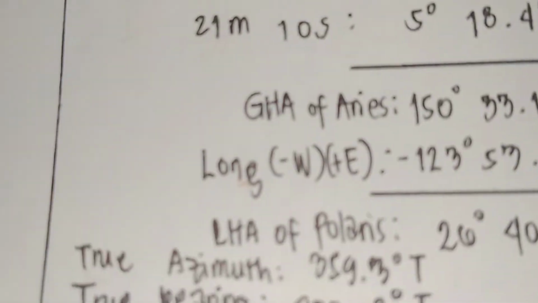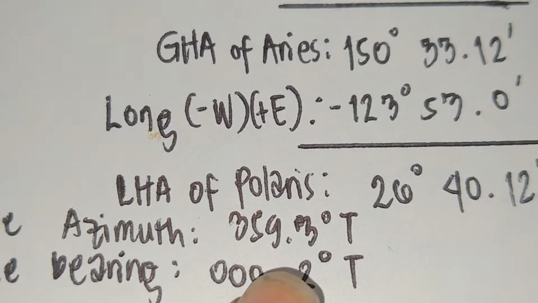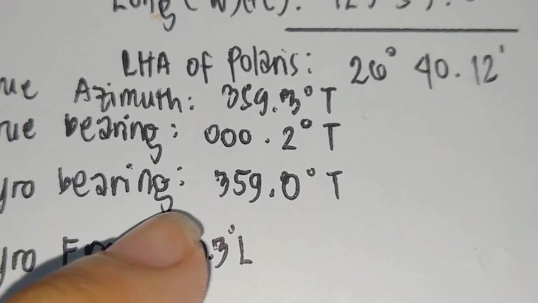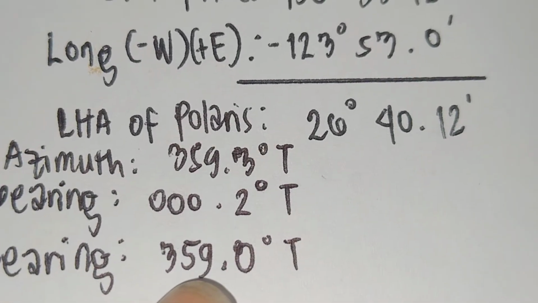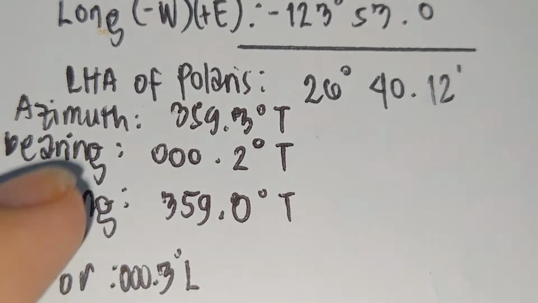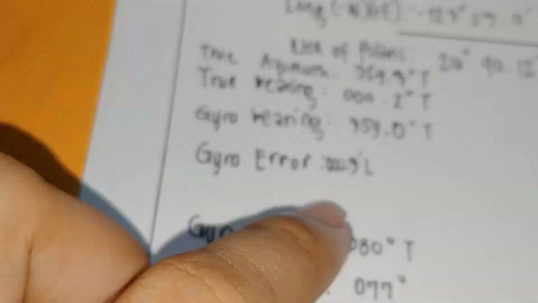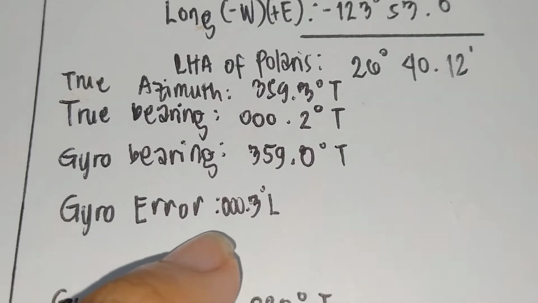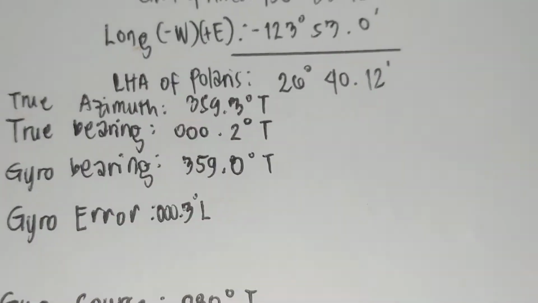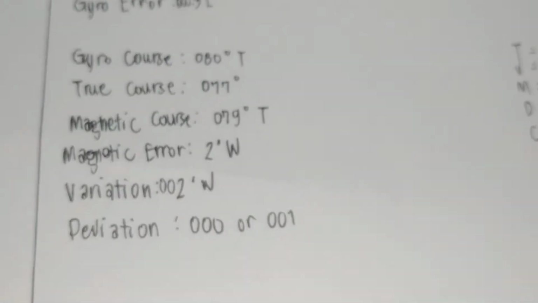So our true azimuth is 359.3 degrees, and then minus our gyro bearing, which is 359.0, and we will just subtract it to get our gyro error, which is 0.3 degrees low.